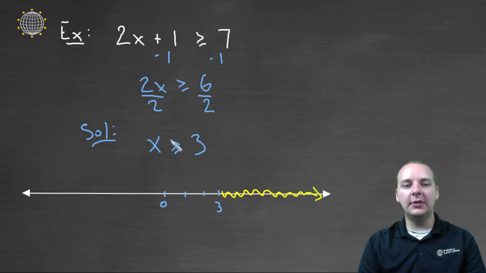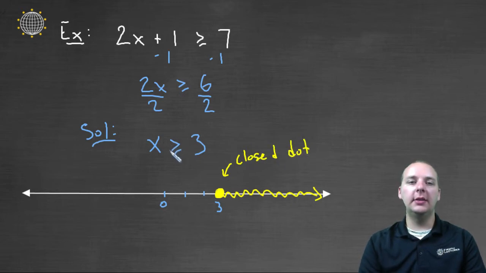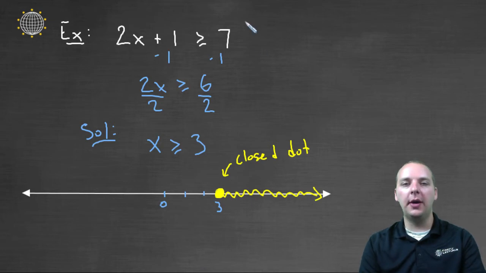And since it's x greater than or equal to 3, that means 3 is included, and we're going to put a closed dot. If it's an inequality that's or equals to, like this one, you actually get to include that point. Now let me make another comment about that.